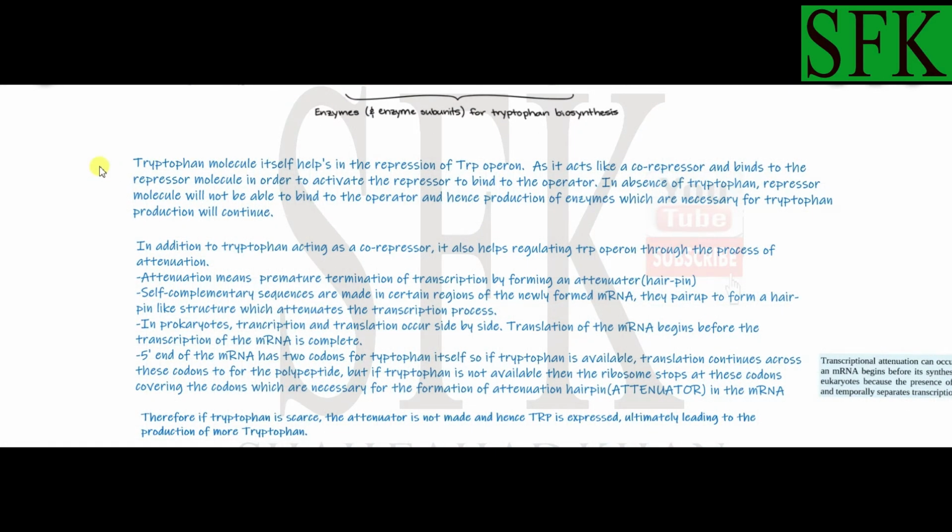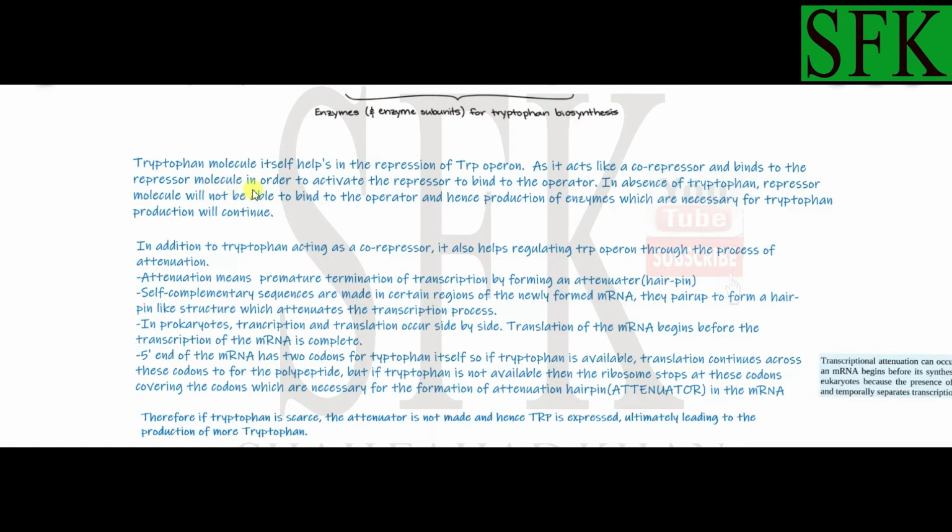Now, the tryptophan molecule itself helps as a regulator. It helps in regulating the expression of the trp operon. How? Well, it acts as a co-repressor. It helps in the repression of the trp operon and binds to a repressor molecule, which is somewhere in the cytoplasm of the E. coli.